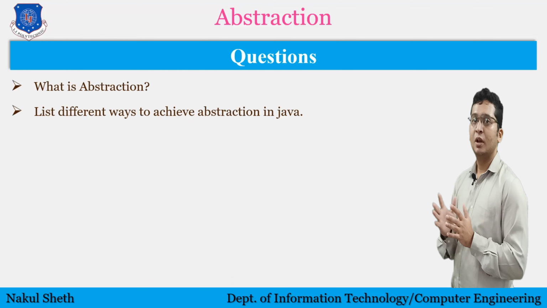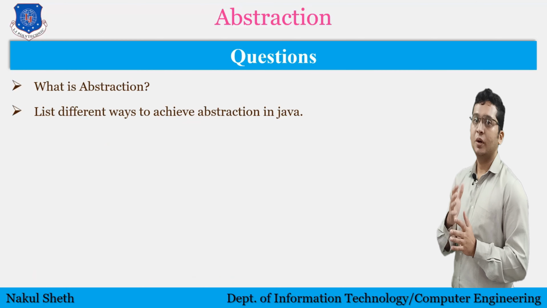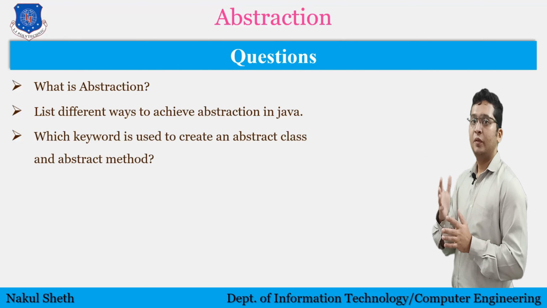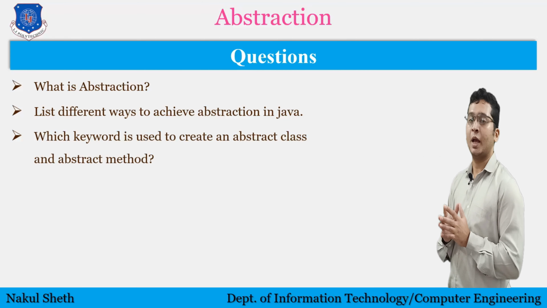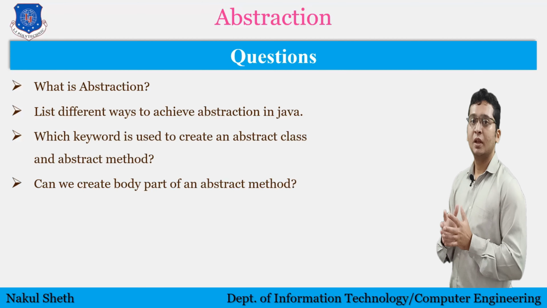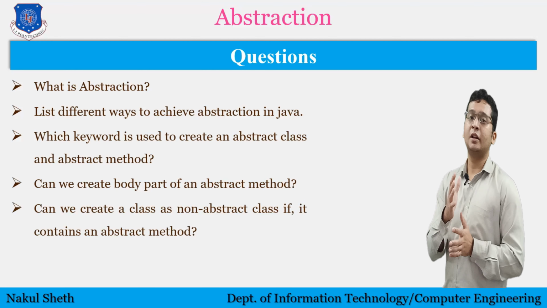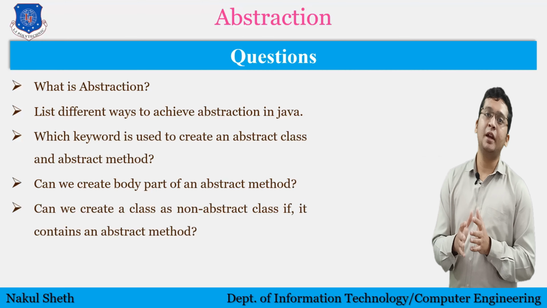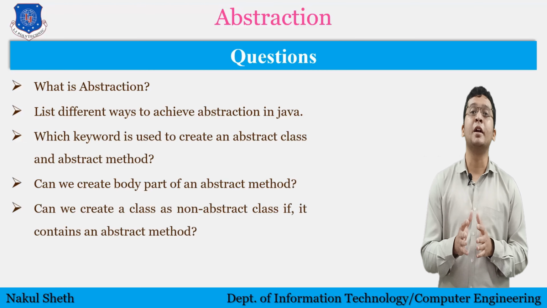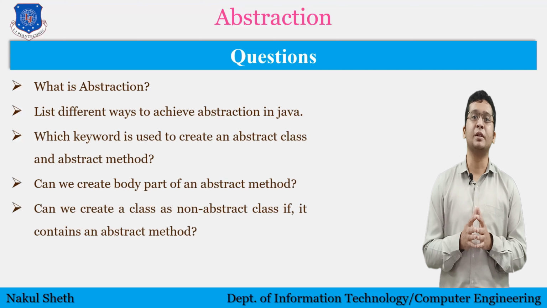Second question: list different ways to achieve abstraction in Java. Third question: which keyword is used to create an abstract class and abstract method? Fourth question: can we create the body of an abstract method? And the last question: can we make a class non-abstract if it contains an abstract method?